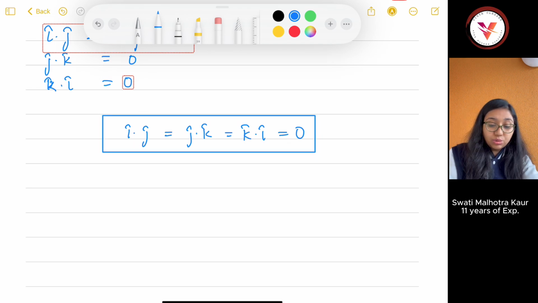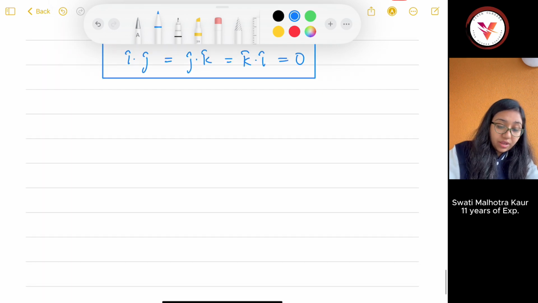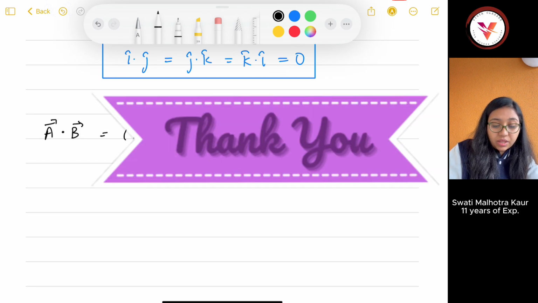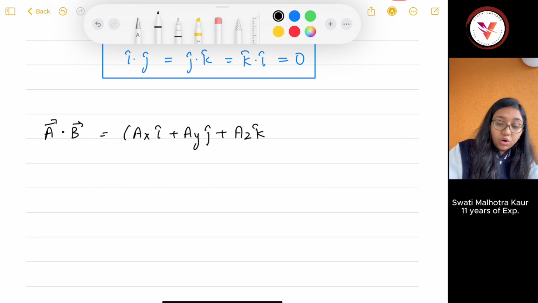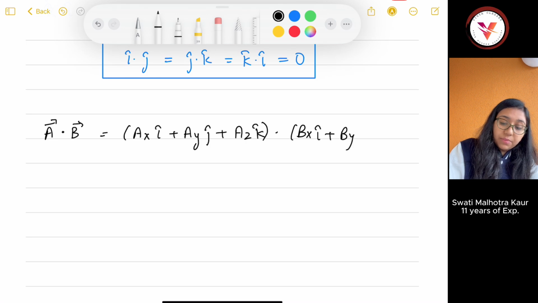Okay. And using these two things, if I have to calculate this A vector dot B vector component wise, what will I get? Let's say A can be written as AX I cap plus AY J cap plus AZ K cap, dot product of BX I cap plus BY J cap plus BZ K cap.